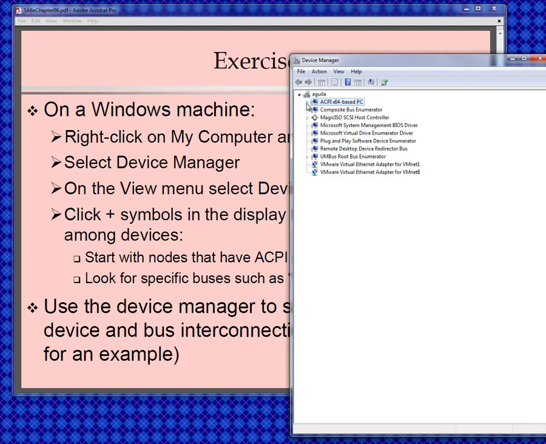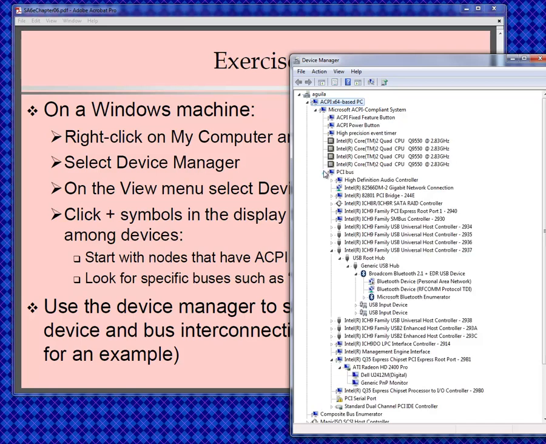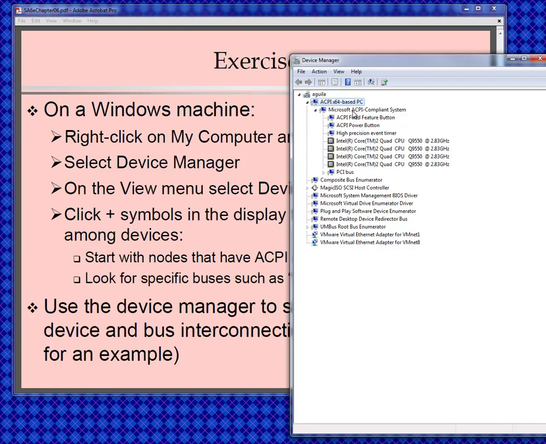But as I start clicking some of these points, I see this is the PC connection, and note that I have connection points for the power button, the event timer, the 4 CPUs. This is actually one microprocessor with 4 cores. And then there's the PCI bus.